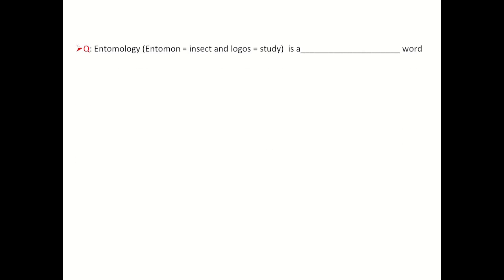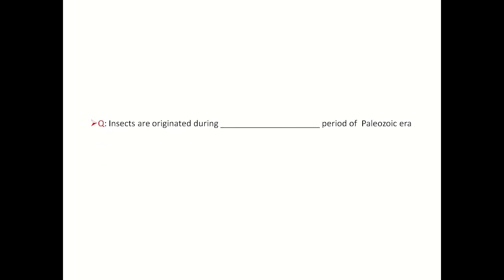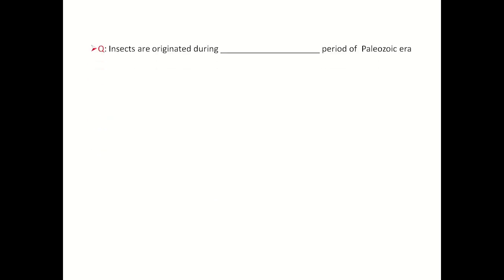Entomology: entomon is insect, logos is study. It is a Greek word. Study of insects is entomology. Insects originated during which period of the Paleozoic era?